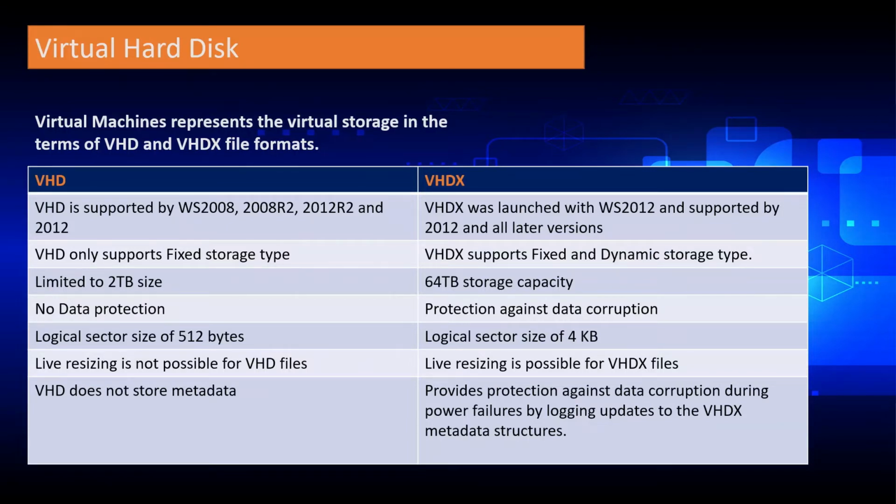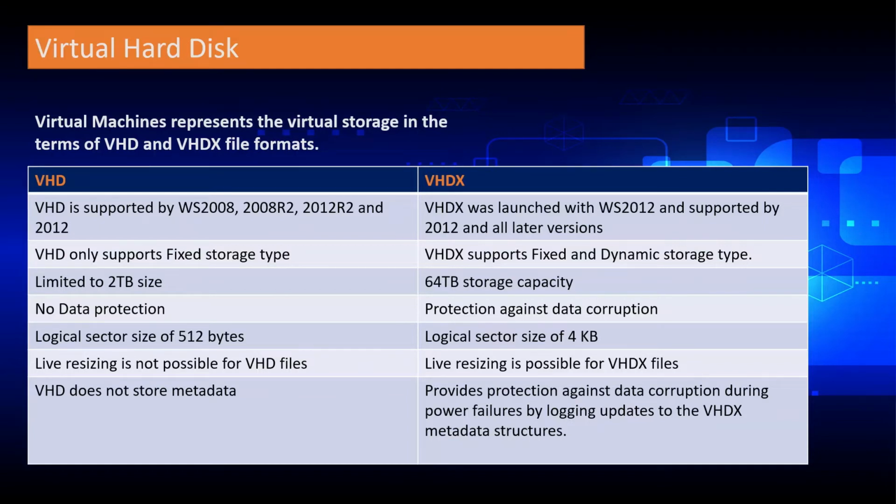So whenever we stored data in VHD, it used to be divided into multiple chunks so that it could fit in that logical sector, because the sector size was very small. In VHDX, the sector size has been increased to 4 KB, so the data can be stored in an efficient way.